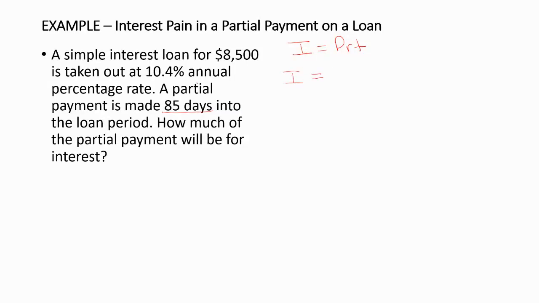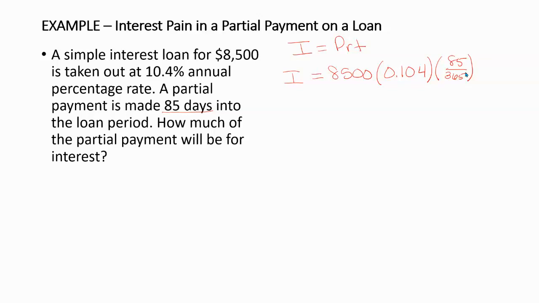So interest equals, we have our principal of $8,500 times our rate of 0.104, because it's 10.4%. And then we are 85 days in. So remember, when we are dealing with days, we have to change this. Put that over 365. We can't just use the time 85.